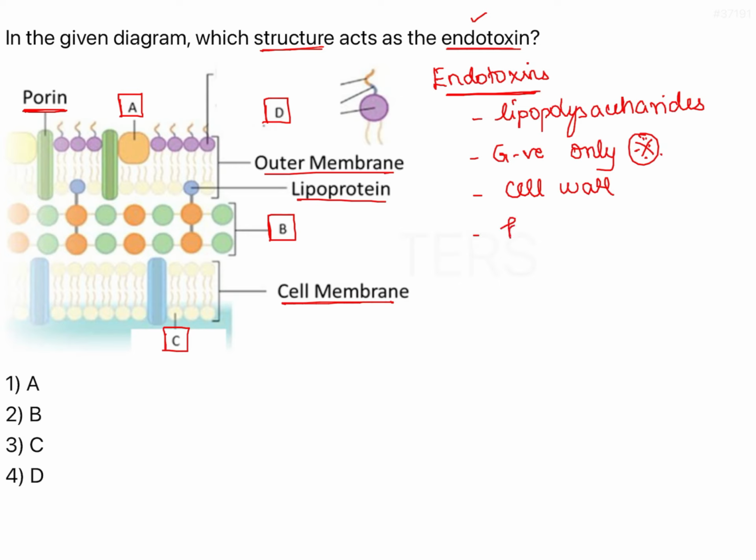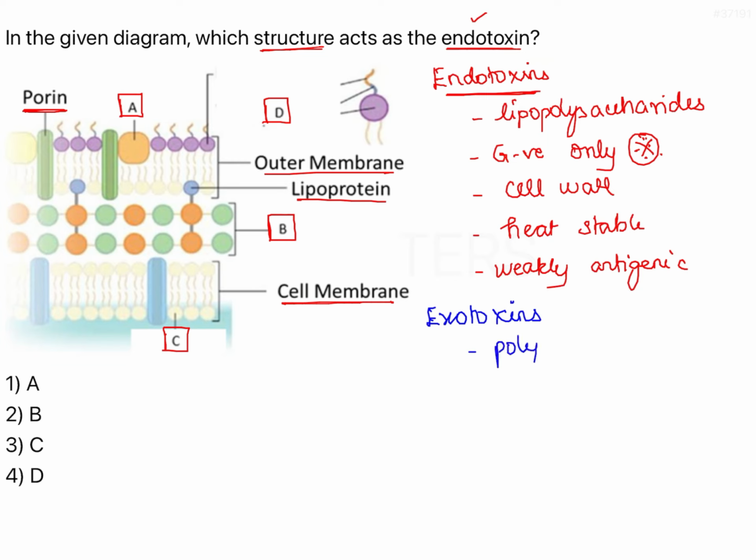And these endotoxins are heat-stable toxins, but they are weakly antigenic in nature. So, these are some of the important points regarding endotoxins. We have another type of toxins known as exotoxins. Exotoxins are normally proteins.